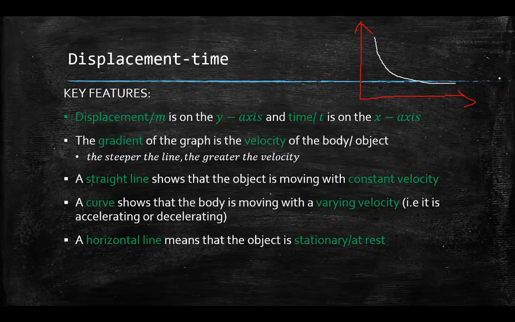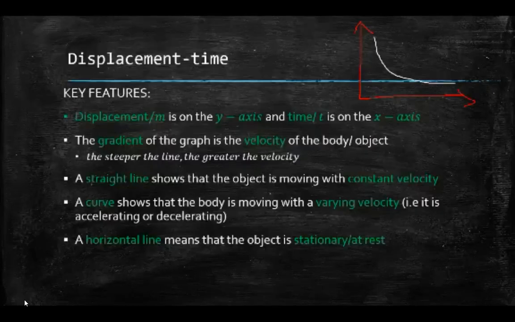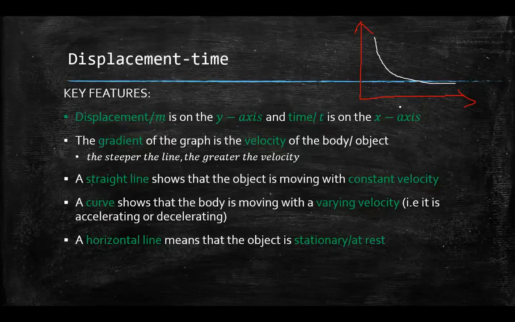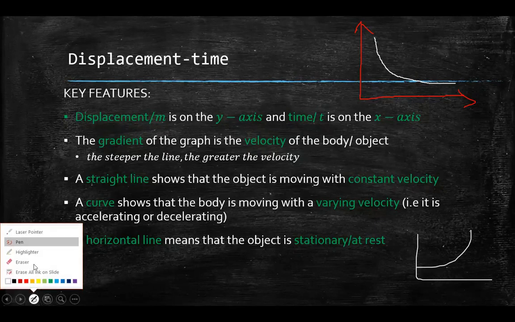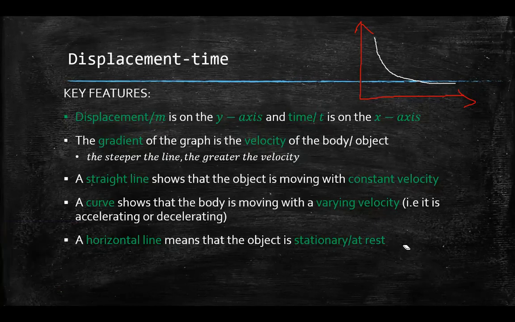And it's going down. Anyways, it's just a random curve, right? Or you might have a curve looking like this. I don't know. Just a curve. It's not a straight line. It's curved. So why would I say the velocity is varying?